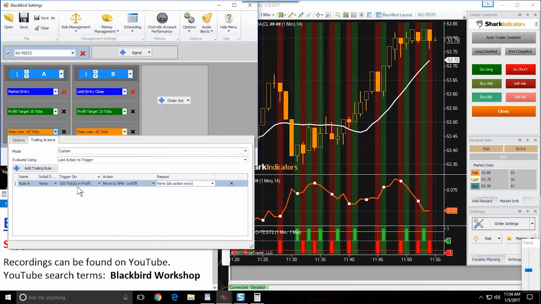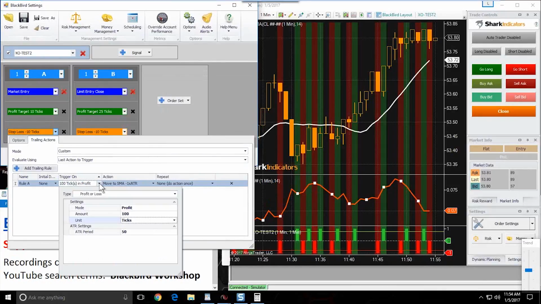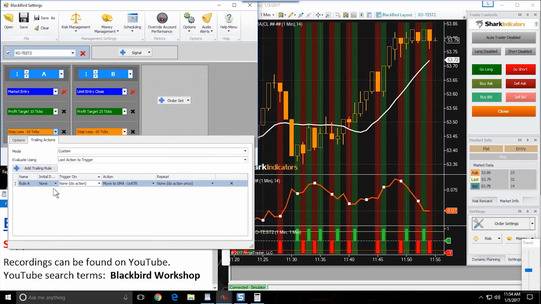All right, let me make some changes here. If there's no delay and there's no trigger, then the action is going to fire off immediately. There's nothing in front of the action here, so the action is just going to start triggering immediately.